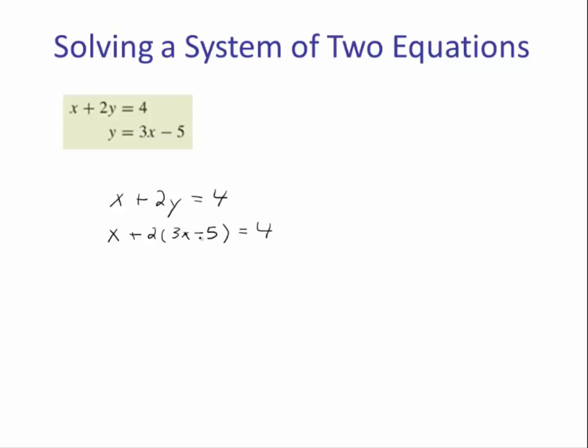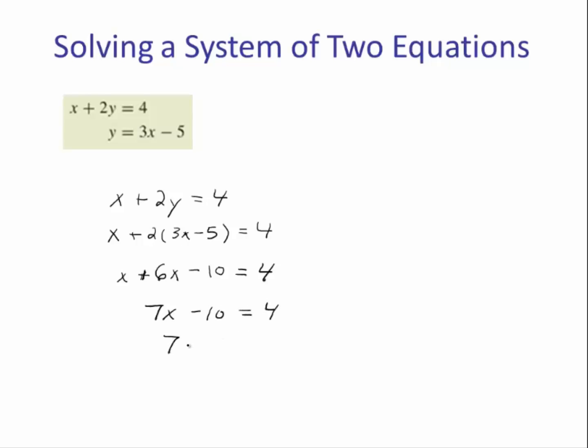Using the distributive property, we have 6x minus 10. Bring down our x, the equal sign, and the 4. Combine like terms. This becomes 7x minus 10 equals 4.